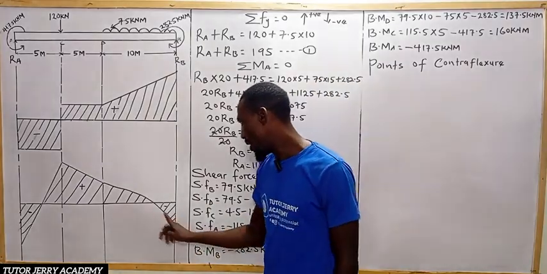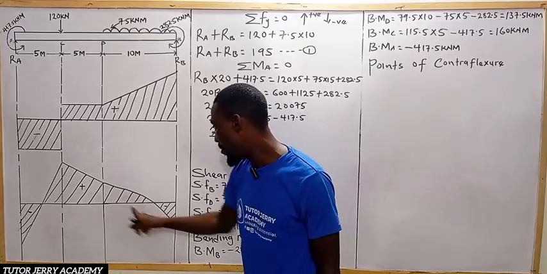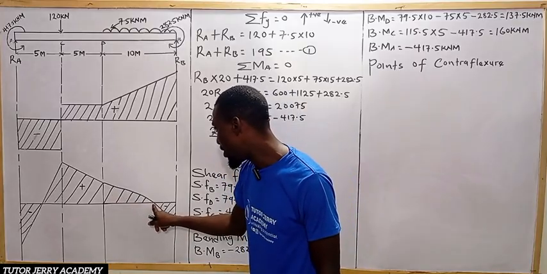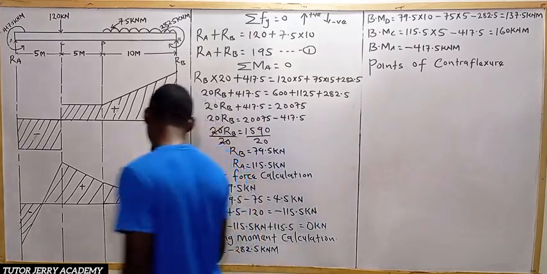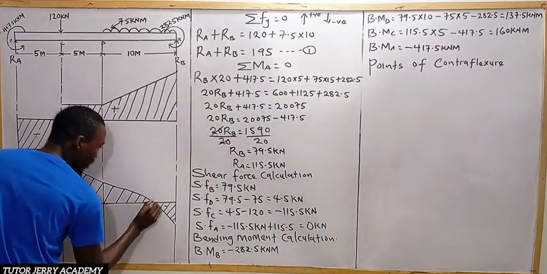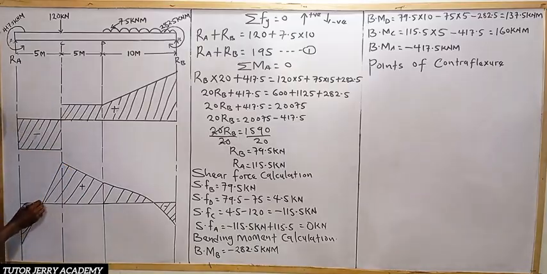This is negative here, this is positive, so this is the point where it starts changing to positive. So this point here is the first point of contraflexure, while this one is the second point of contraflexure, because it changed from positive to negative from this point.